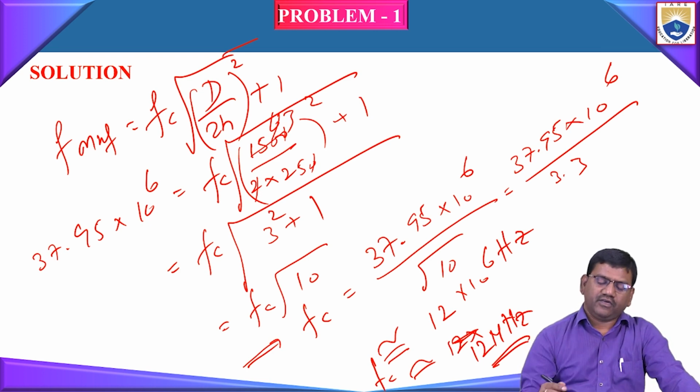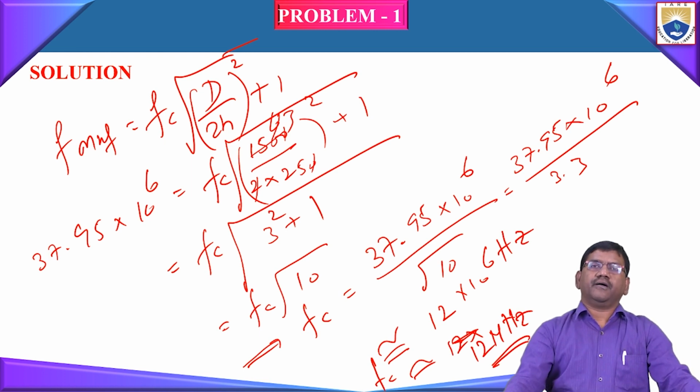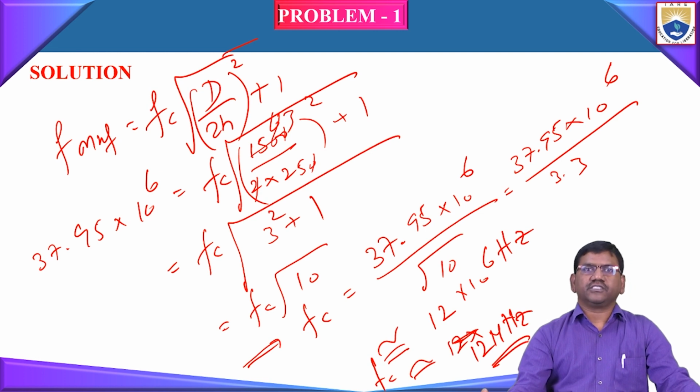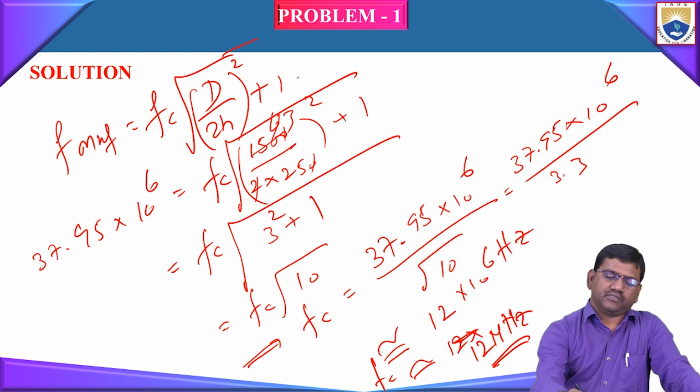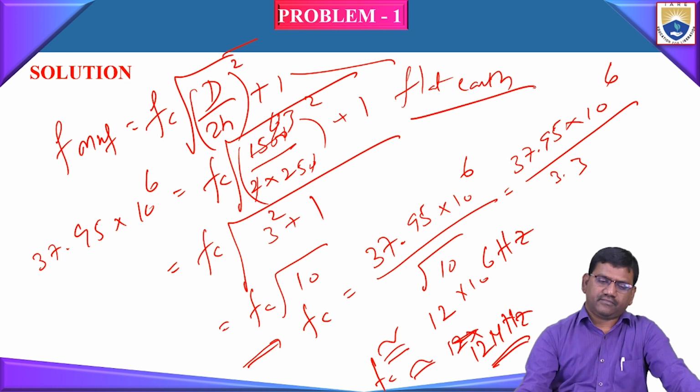Here all the data will be given in the problem, so we need to know only the formula, the relationship between the maximum usable frequency and the critical frequency, that is f MUF is equal to Fc into root of (d by 2h) whole square plus 1. This is the equation for flat earth.